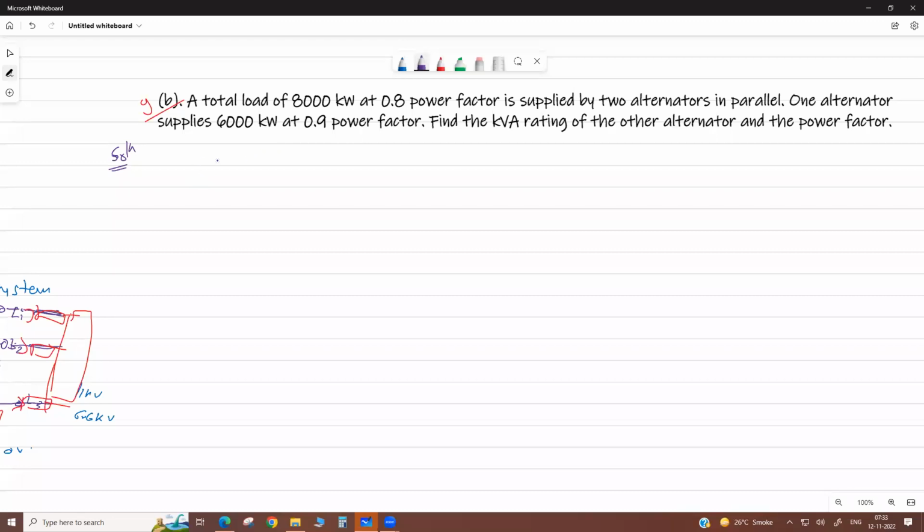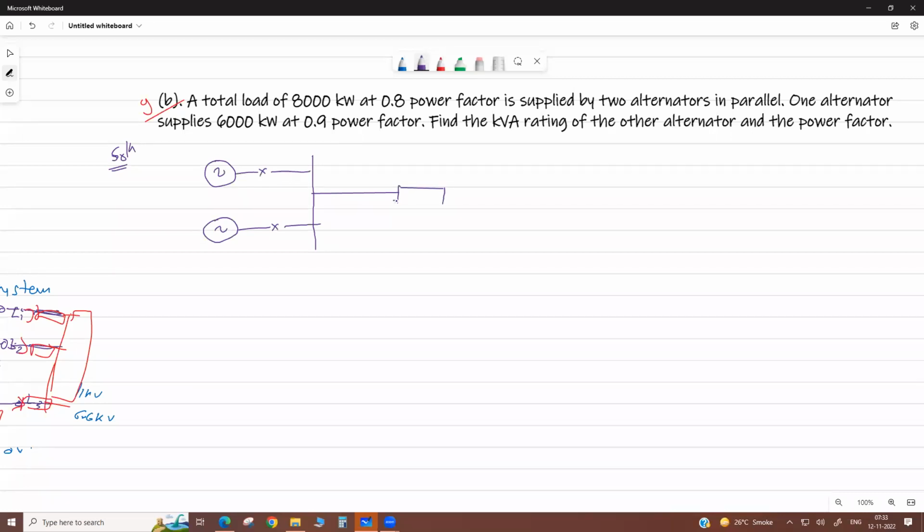Again very simple. Suppose here these two alternators, you draw the sketch. These are running in parallel and connected to a common bus bar. This load is connected.